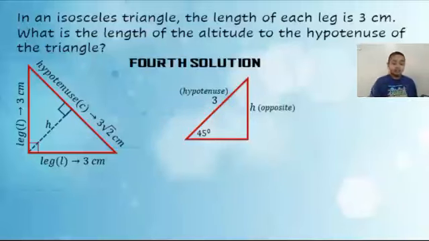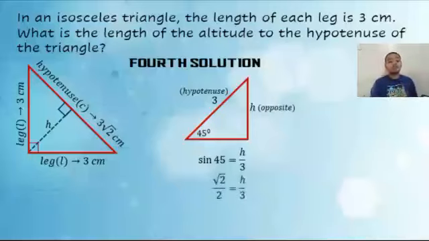In this case, that will become sine 45 is equal to h over 3. Next, let us identify the value of sine 45. You may use a calculator, or actually, the 45-degree angle is a special angle, so you can easily identify the value of sine 45. Sine 45 is equivalent to square root of 2 over 2.